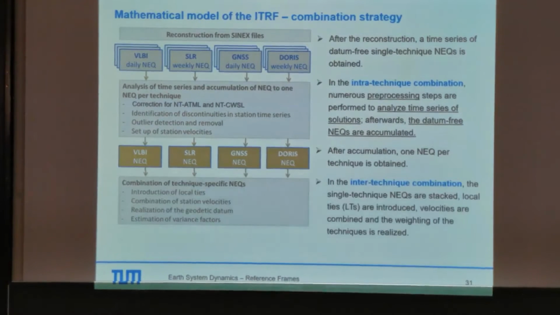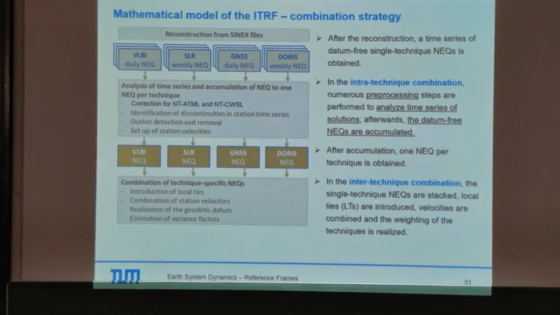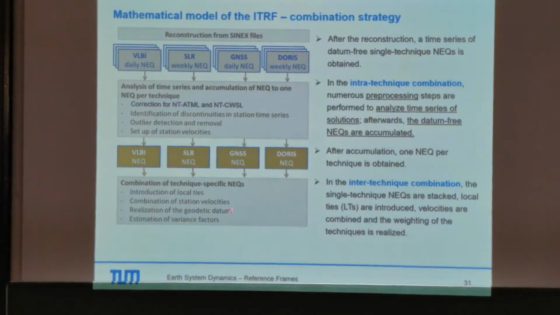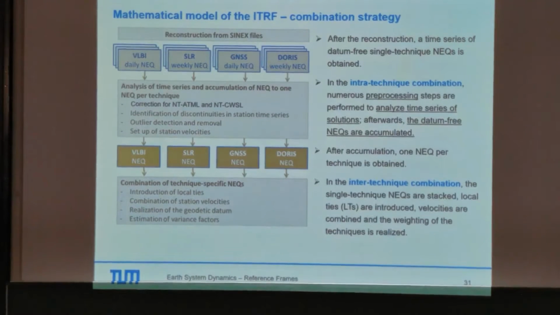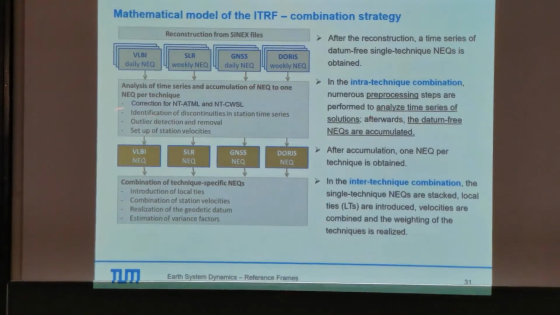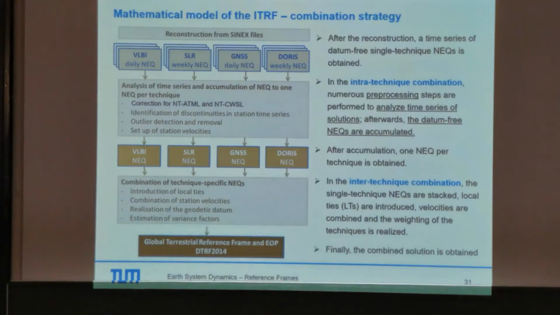And then there's a second step which is called the intertechnique combination. Within this we introduce the local ties, we combine the station velocities, we realize the geodetic datum, estimate variance factors between the different techniques, and so we add them up, and what we then obtain is one solution, the global terrestrial reference frame, DTRF, and the Earth orientation parameters.